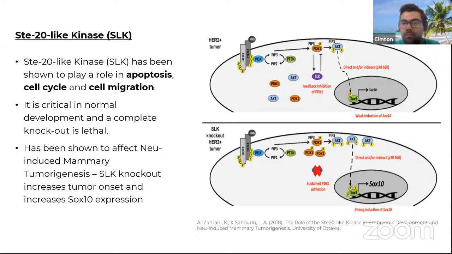And some things that we found out were that it's critical in normal development, and a complete knockout's lethal. And it plays a role in neu-induced mammary tumorigenesis. So breast cancer in mice. So that could have a human phenotype for future projects.